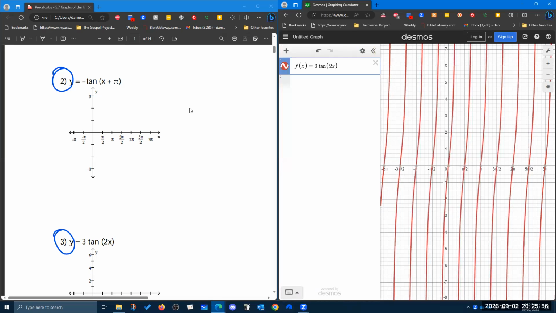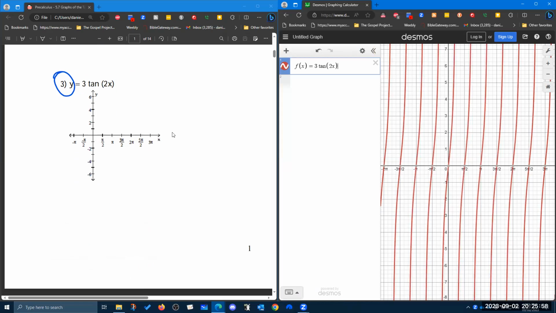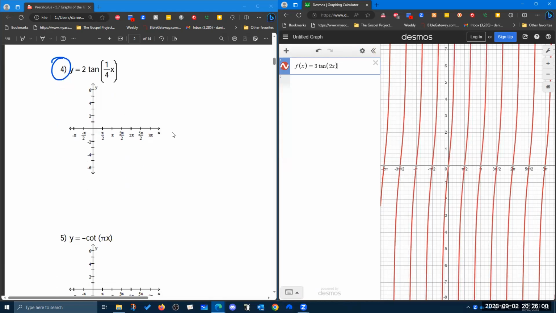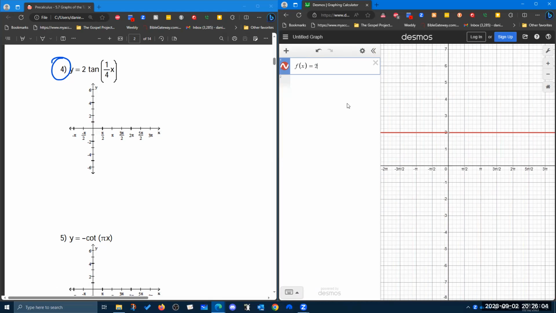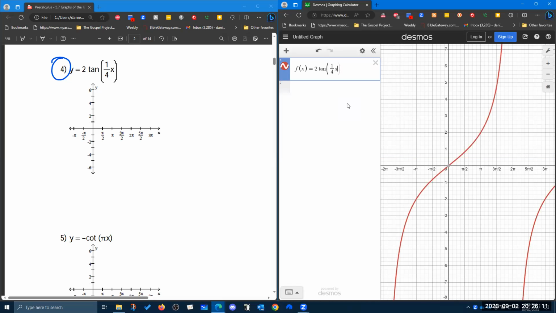Okay, let's go on to the next one down here, which is number 4. And that's going to be 2 tan of 1/4 x, which is going to be a horizontal dilation, a horizontal stretch, and it's got a vertical stretch as well.